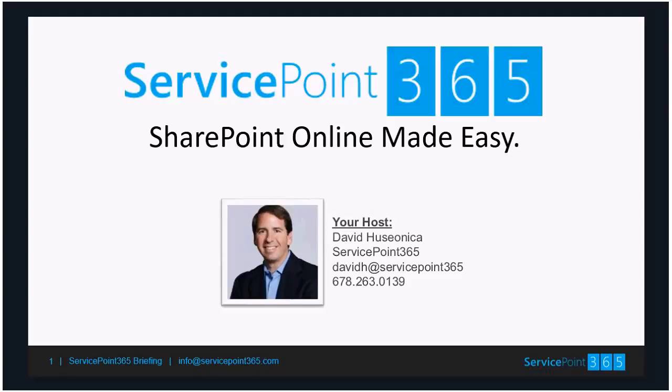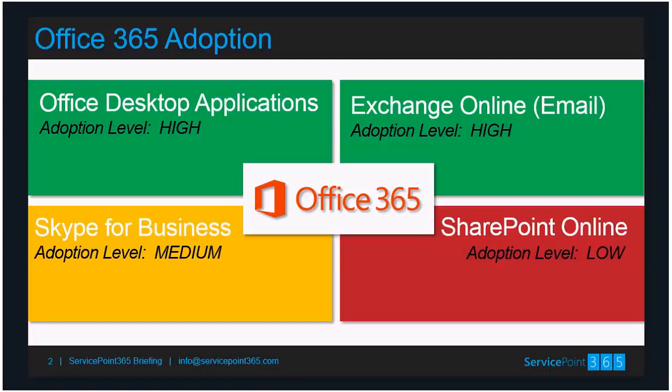If you are familiar with Office 365, you're familiar with that. It's really a bundle of products. And this slide here depicts the fact that, when you look at the different major components of Office 365, the desktop applications, email, Skype for Business, SharePoint Online are kind of the major components of it.